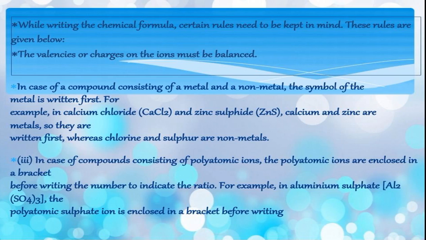Third, in case of a compound consisting of polyatomic ions, the polyatomic ions are enclosed in a bracket before writing the number to indicate the ratio. For example, in aluminium sulfate, the polyatomic sulfate ion is enclosed in a bracket before writing the number.